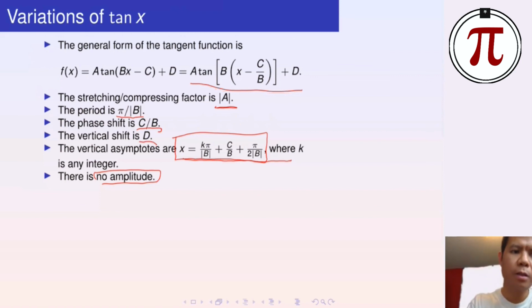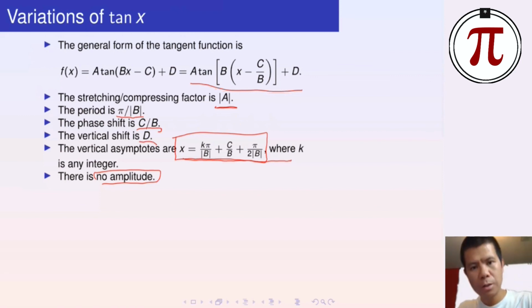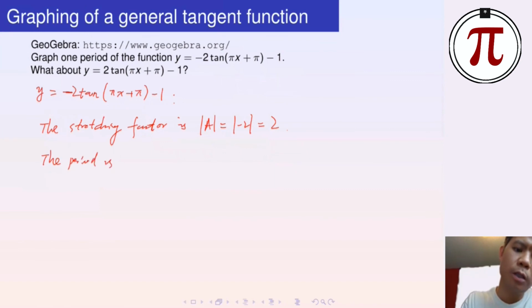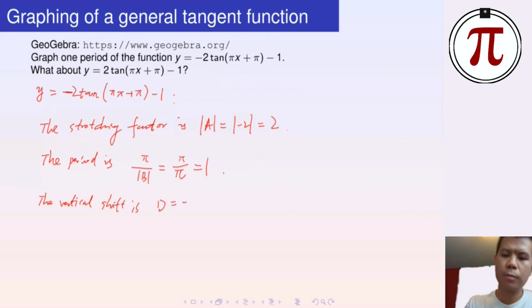Okay, pi. The period is pi over the absolute value of b, which is 1. And the vertical shift: d is -1.